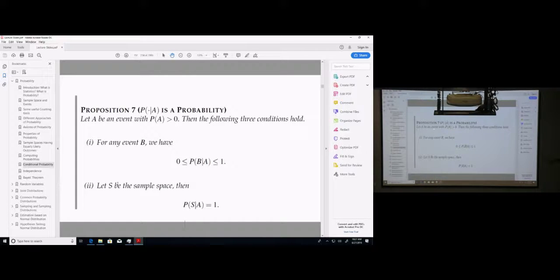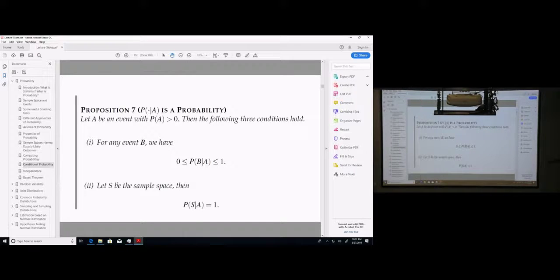Maybe you should write down a remark that this A is fixed throughout. Then the following three conditions hold. So you are varying the B. What it says is that for any possible event B, the conditional probability is always sandwiched between 0 and 1. A is fixed, B is changing.